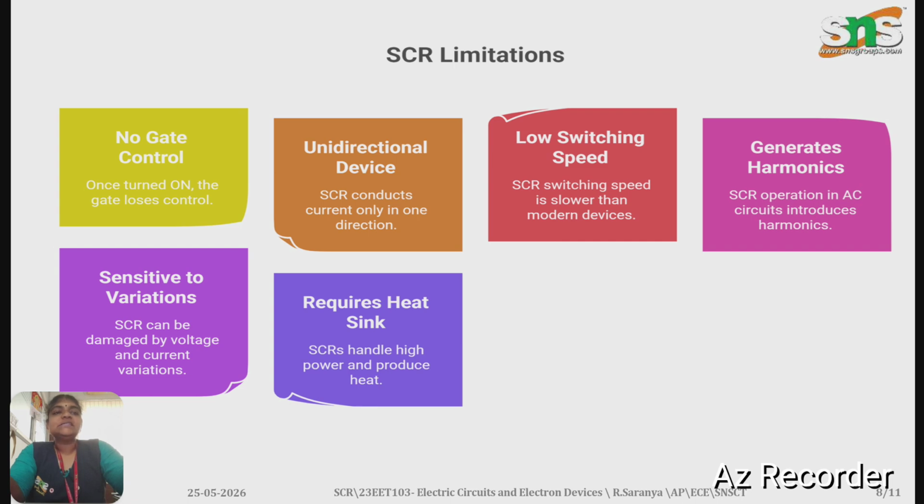SCR operation in AC circuits introduces harmonics, which affect system performance, and it is sensitive to variations, as voltage and current variations can damage the SCR. Obviously, SCR needs a heat sink for thermal management within our electrical circuits.